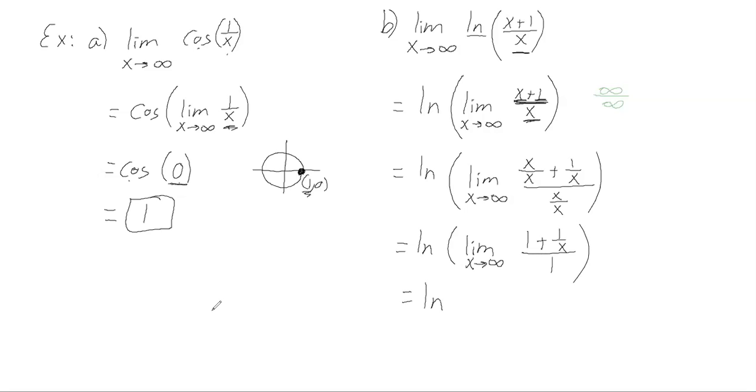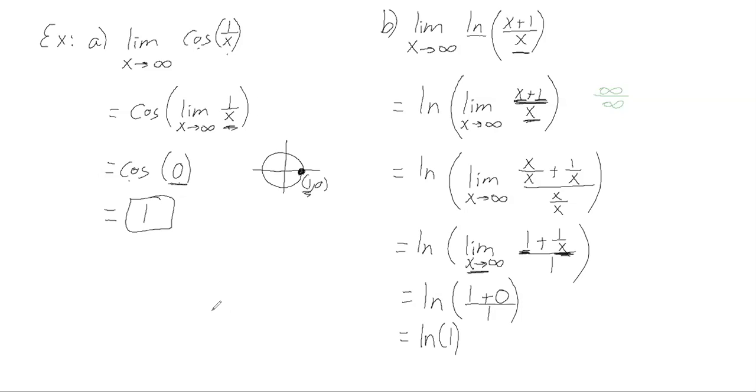Now let's see, that'll be the natural log of, let's evaluate this limit. What does 1 go to as x goes to infinity? Stays at 1, right? How about 1 over x? What does this term go to as x goes to infinity? 0. And the bottom stays at 1, right? So what is that? That's a natural log of 1.